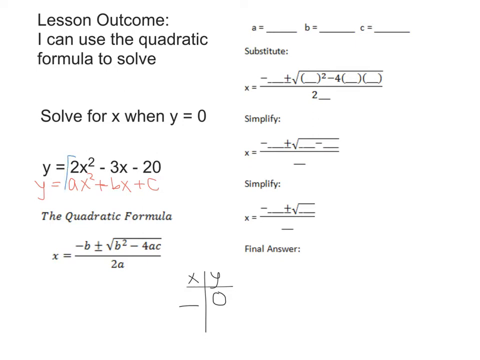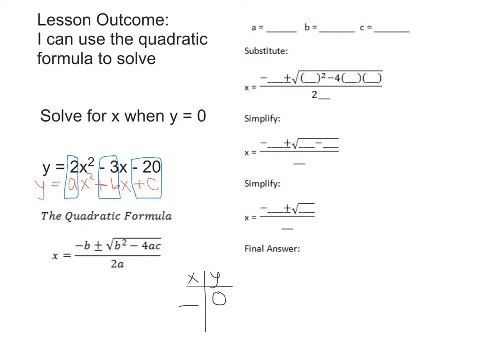So in this case, we know that our a value is 2 because it's the coefficient of x squared. Our b value is negative 3 because it's the coefficient of x. And our c value is negative 20 because it's the constant.